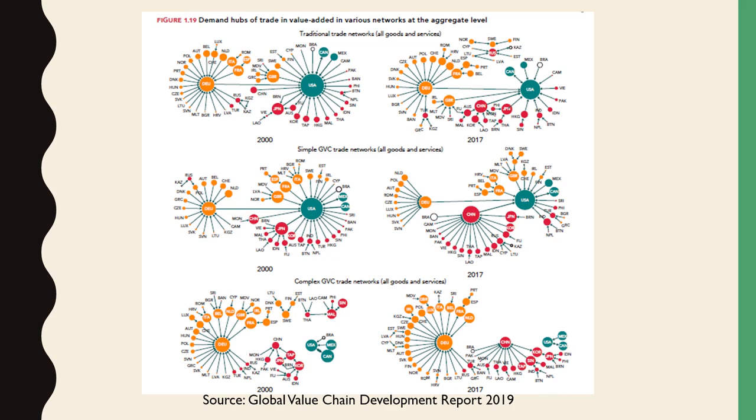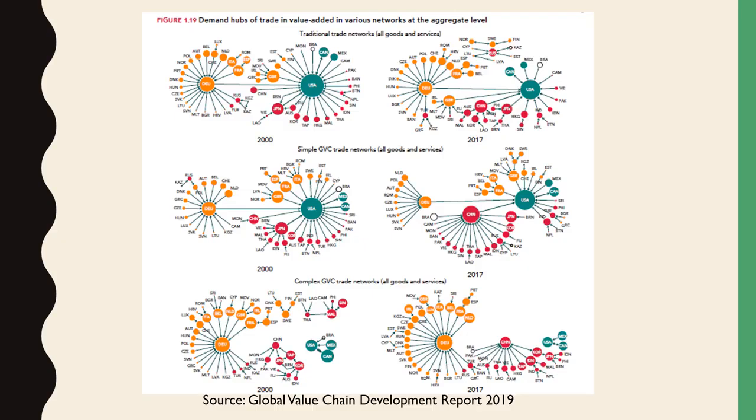Japan's partners include United States, China, Korea, Chinese Taipei, and many Asian countries. And Germany also is the largest supply hub in the European area because the majority of value-added imports in final products by almost all European countries is from Germany. And these facts are taken from the Global Value Chain Development Report.